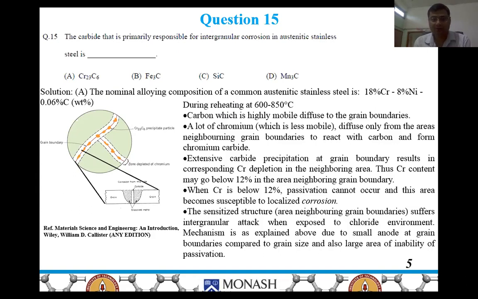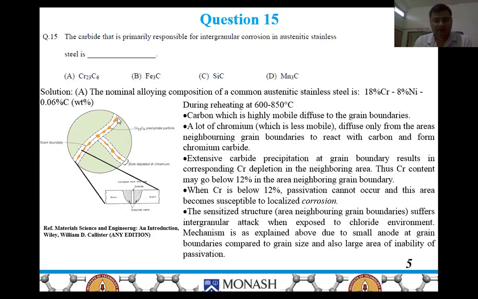And chromium, which is less mobile, diffuses only from areas neighboring grain boundaries to react with carbon and form chromium carbide. So at high temperature, chromium will react with carbon and form Cr23C6 at grain boundaries.